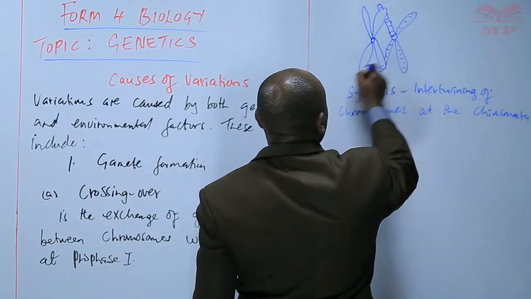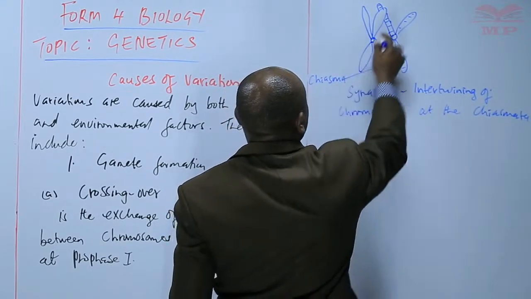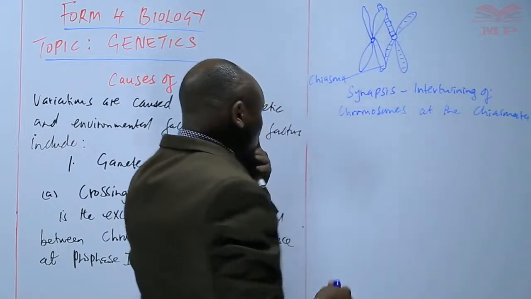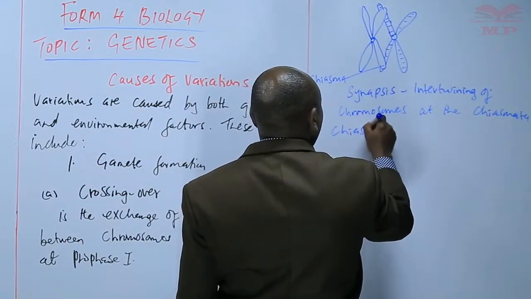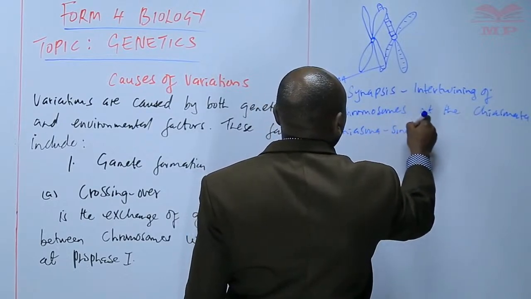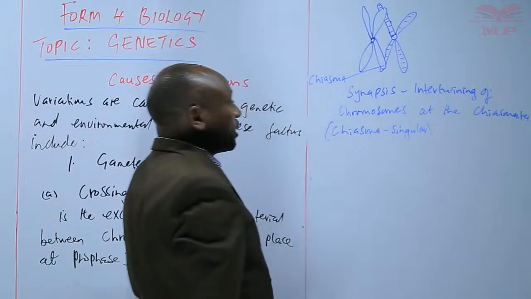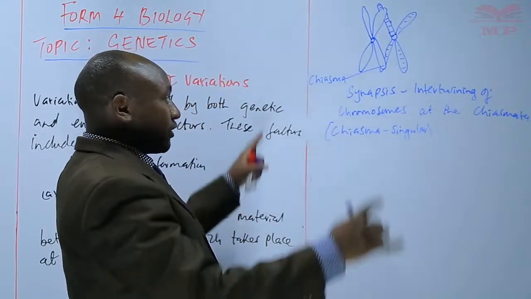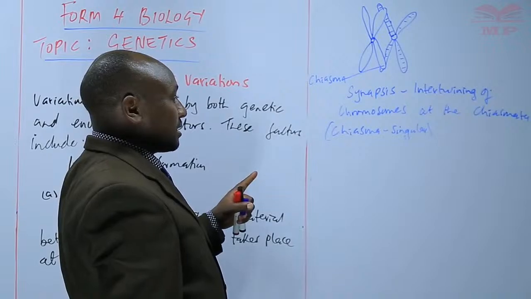This point is what we are referring to as a chiasma. This is another chiasma. So when there are two, they are called chiasmata. Chiasma is the singular. First of all, they move close to each other, then they intertwine at the chiasma.